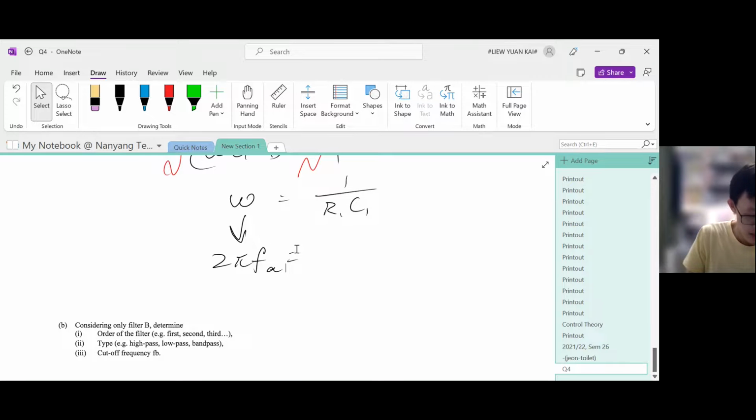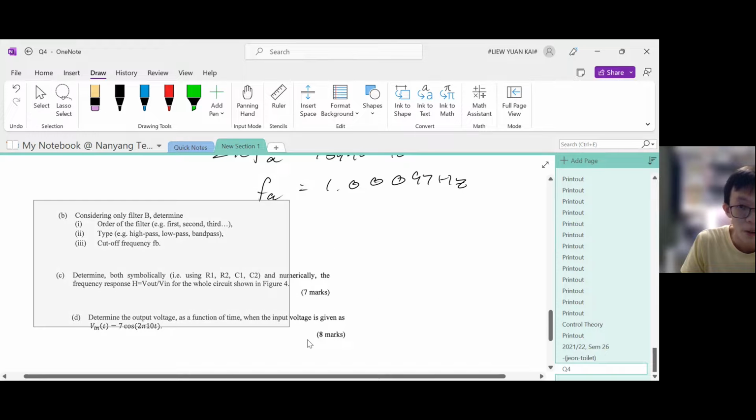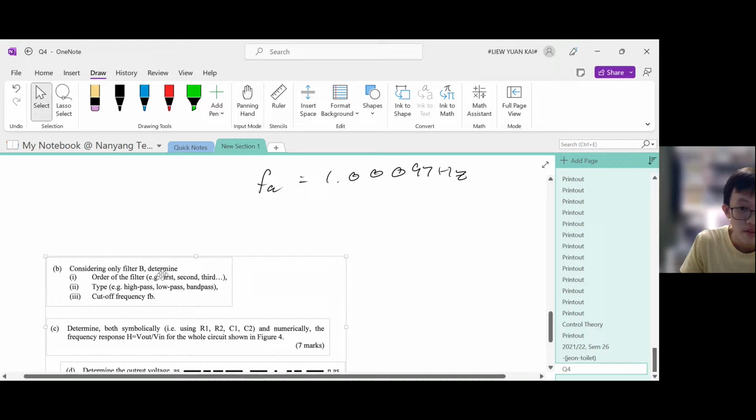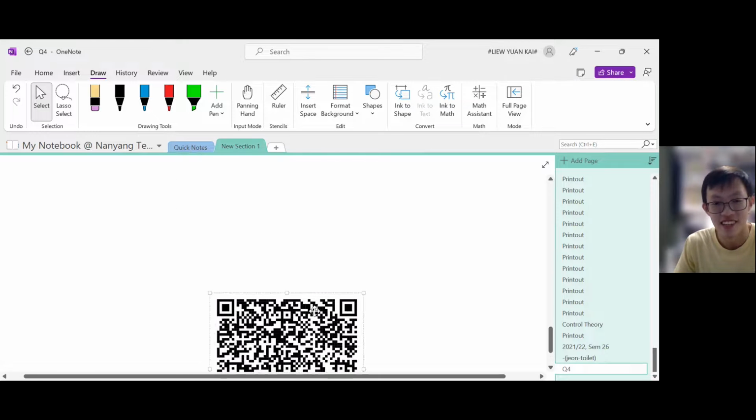My solutions tell me this is 159 kilo ohms times 1 microfarad. You make FA the subject, you should get 1.00097 hertz. So it's a very small cutoff frequency.